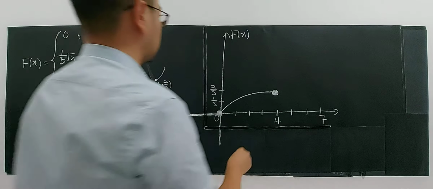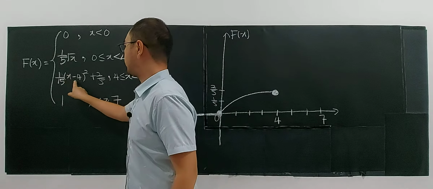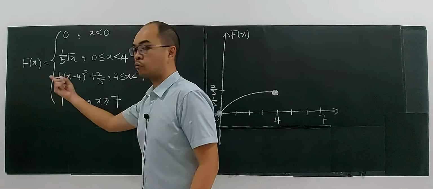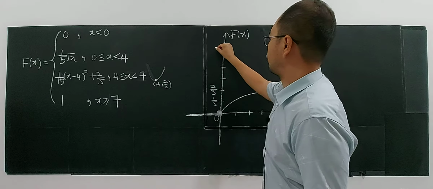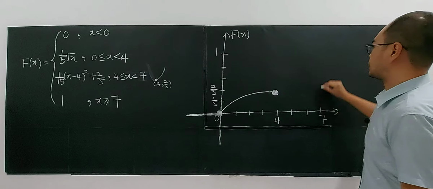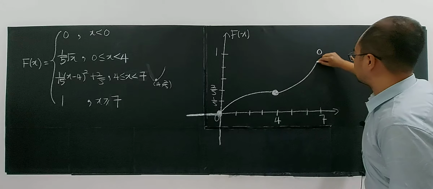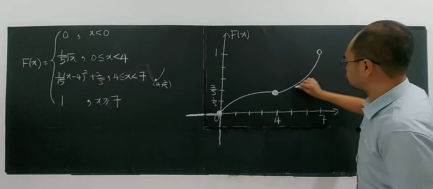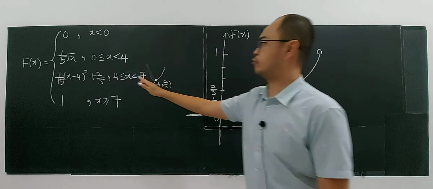It will end at 7. When you put in 7, 7 minus 4, you get 1. Finally it reaches 1, 3/5, 4/5, 5/5, 1. So at 7, it reaches 1. It's a quadratic curve, so it's supposed to go this way, but I take only half of it because it's from 4 up to 7.